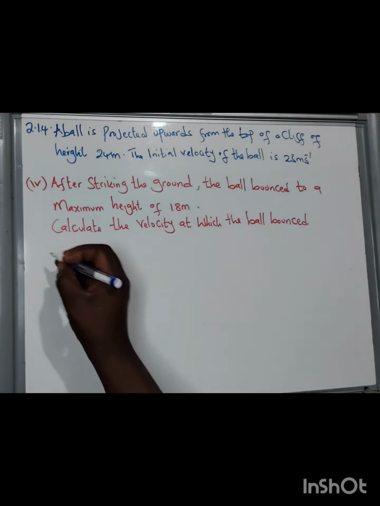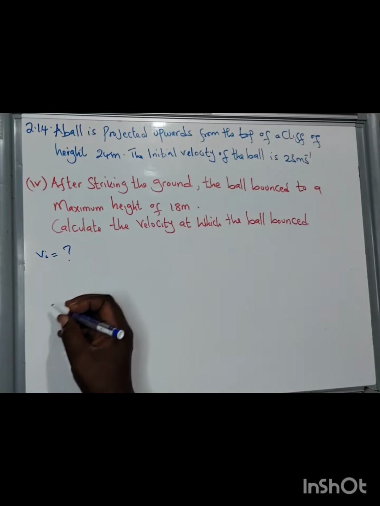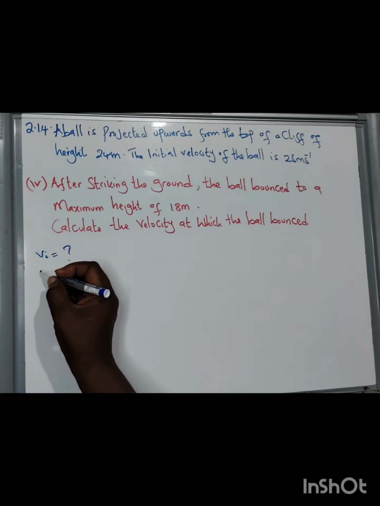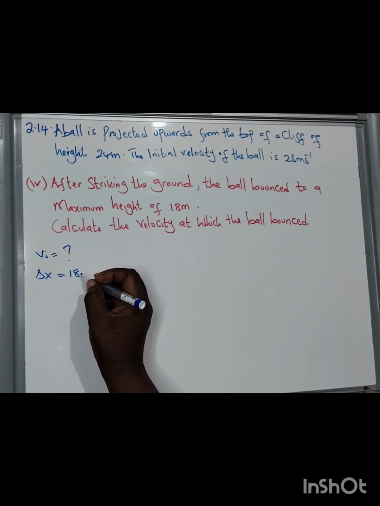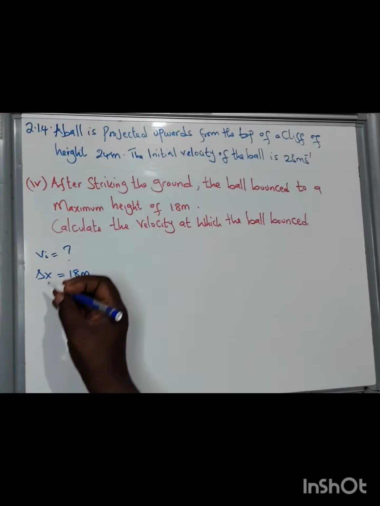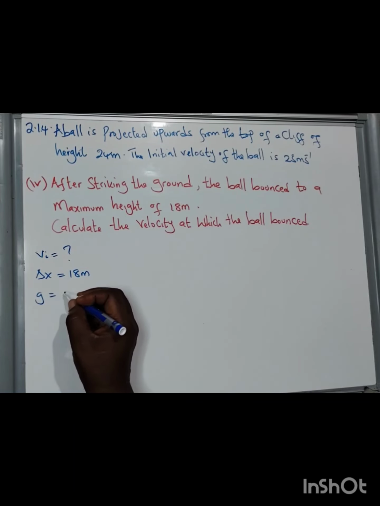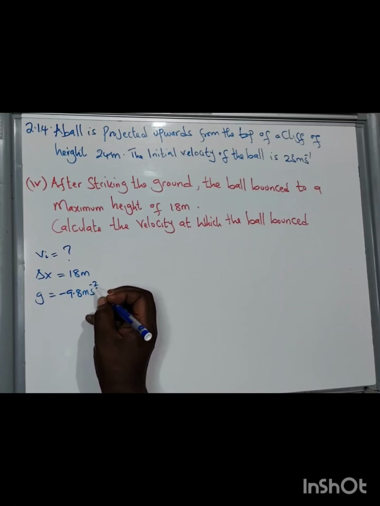We are going to look for the initial velocity of the bounce. But we know the displacement covered, which is 18 meters. The ball was going upwards and the displacement is upwards, so it's positive. What else do we know? The ball is going upwards, so g is negative 9.8 meters per second squared.